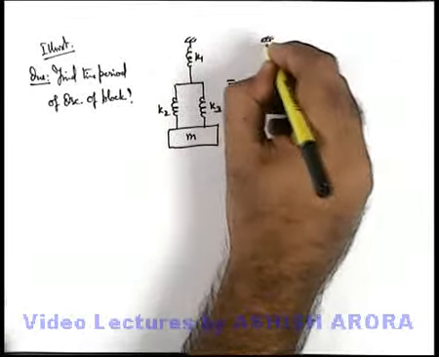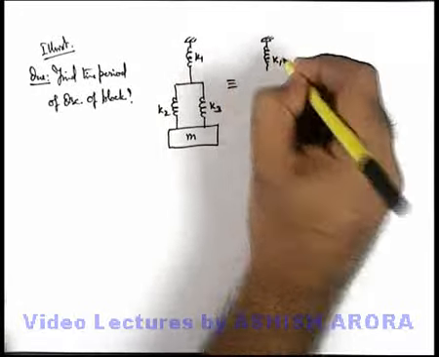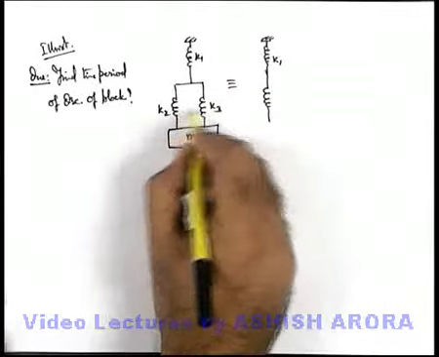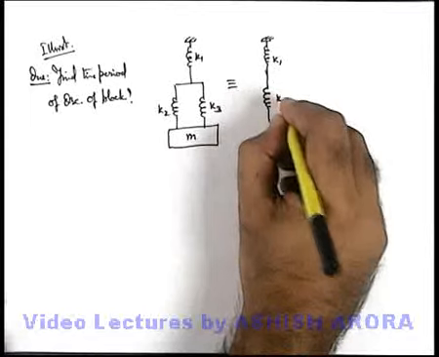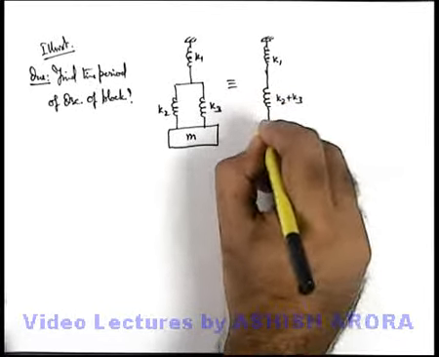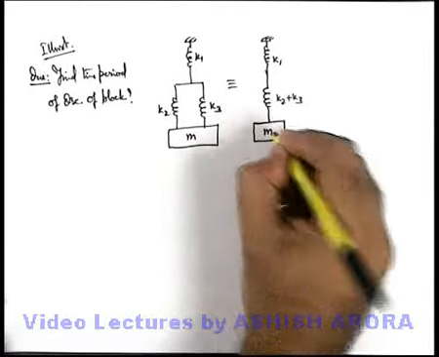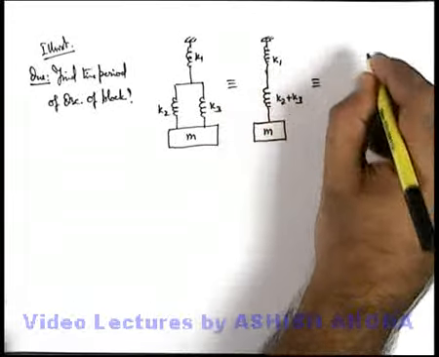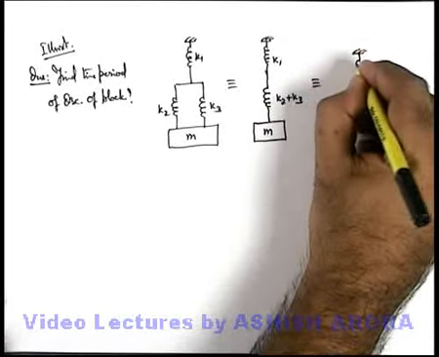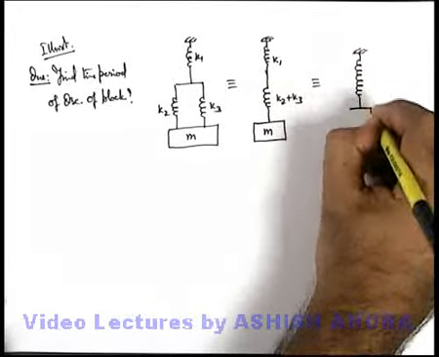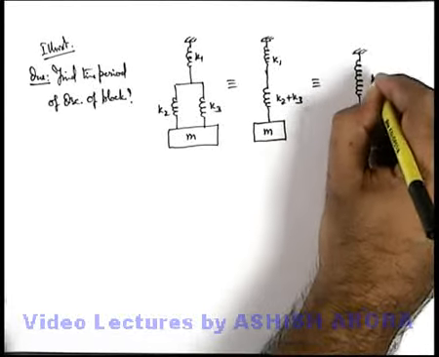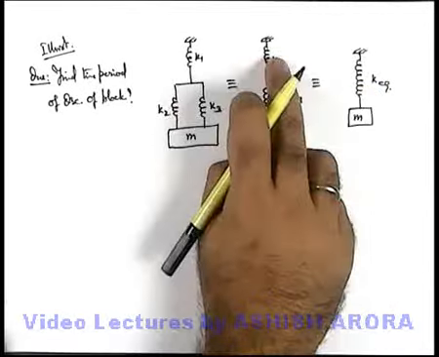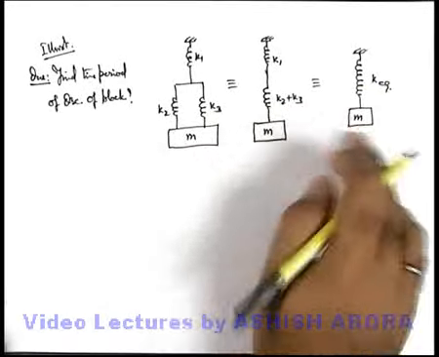First we transform it into a spring of force constant K1 connected to another spring, which is the parallel combination of K2 and K3, written as K2 plus K3, and connected to the same block of mass M. Now as these two are connected in series, we can replace them by an equivalent spring connected to the same block of mass M, having force constant K equivalent, and here K equivalent is the series combination of K1 and K2 plus K3.